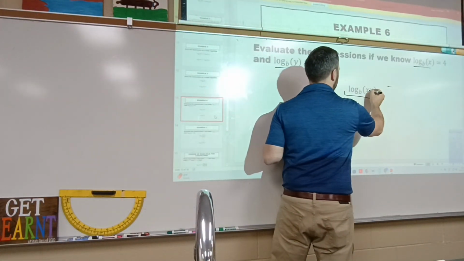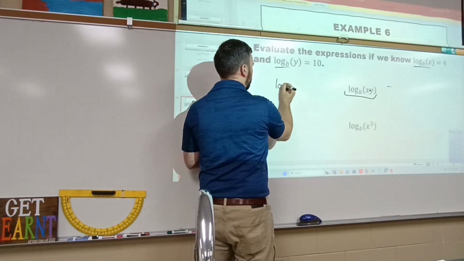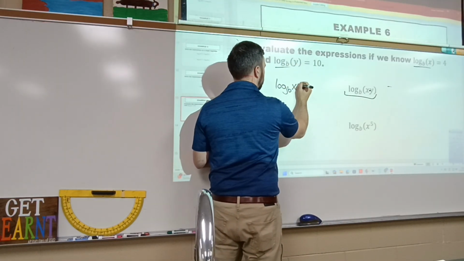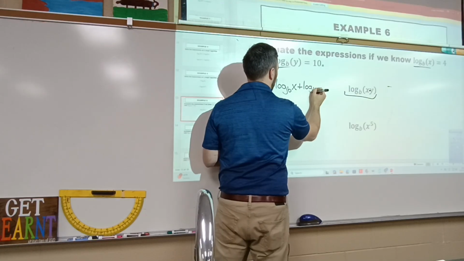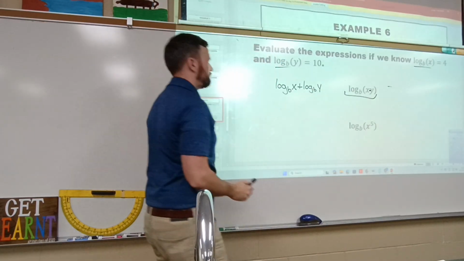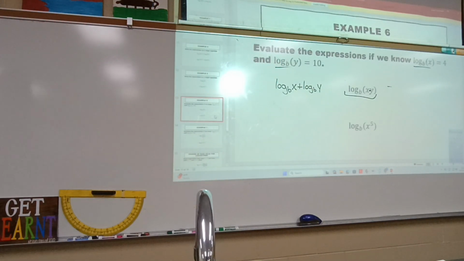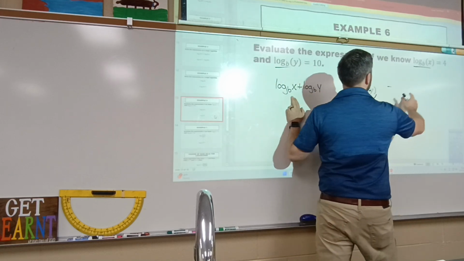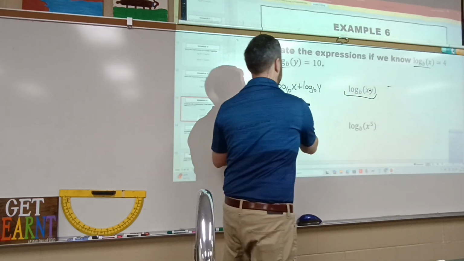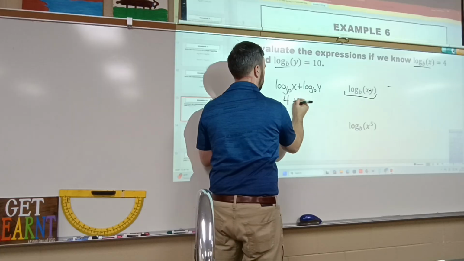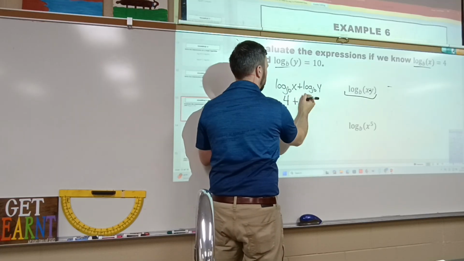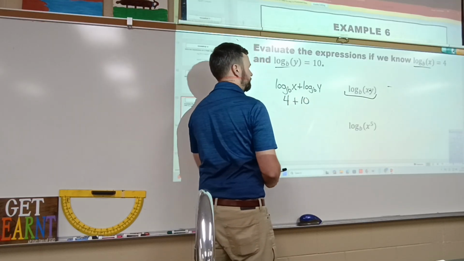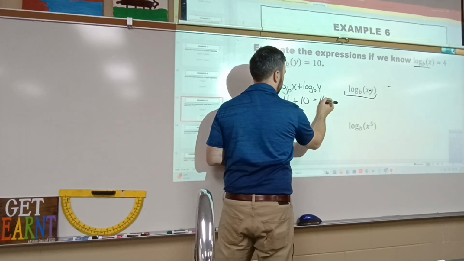If I'm multiplying here, I can rewrite this as log base b of x plus log base b of y. The only reason I'm doing that is because I know the values of each of those. Log base b of x is 4. Log base b of y is 10. So 4 plus 10 is 14.